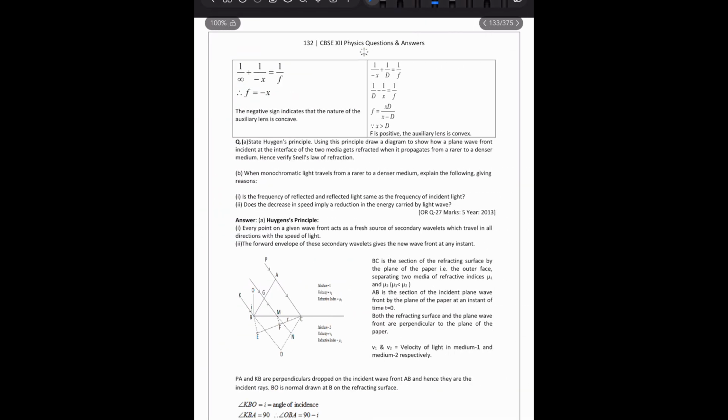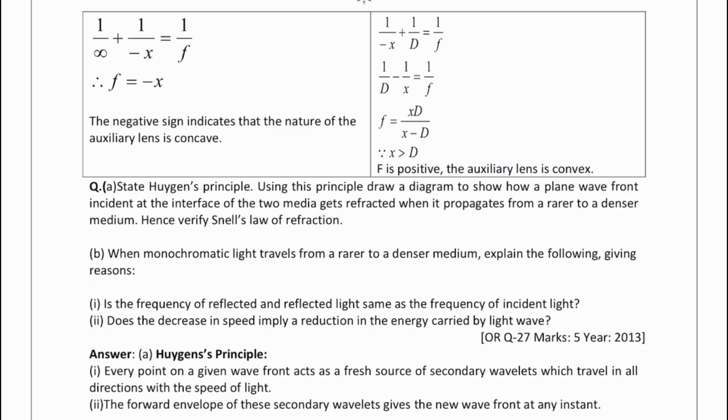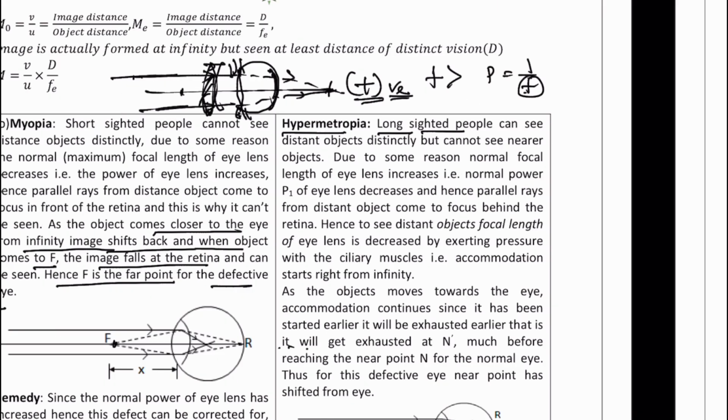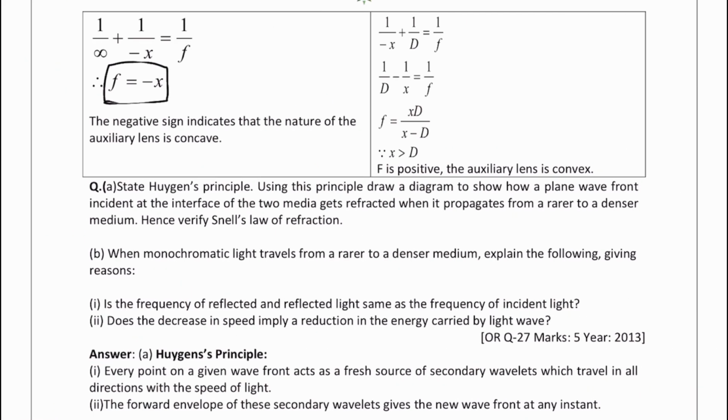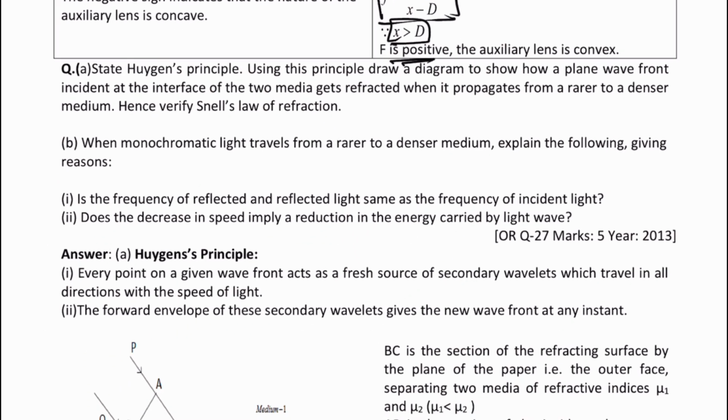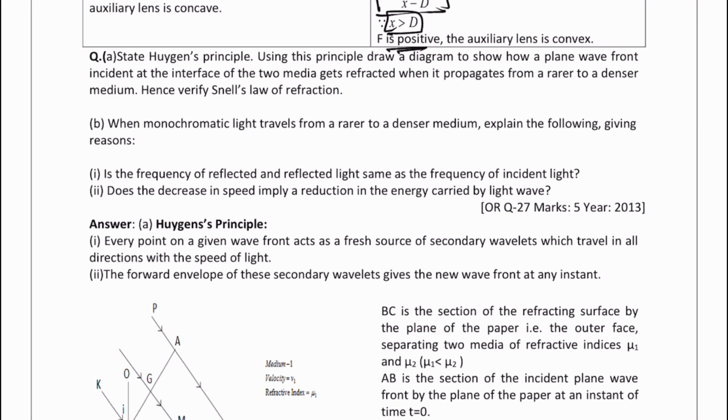For infinite objects, we have to form the image at x, so that f should be equal to minus x. The negative sign indicates that the nature of the auxiliary lens is concave for myopia correction. For hypermetropia correction, the focal length is equal to xd by (x minus d). Here x is greater than d, therefore f is positive.